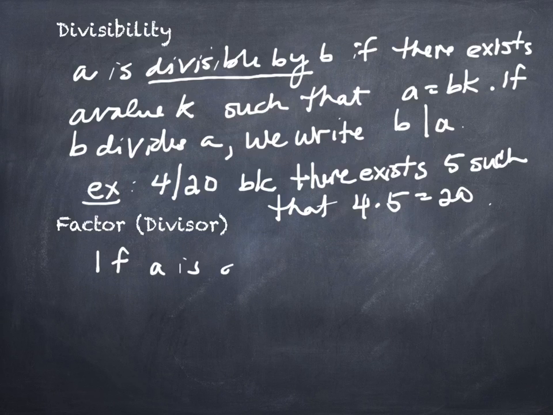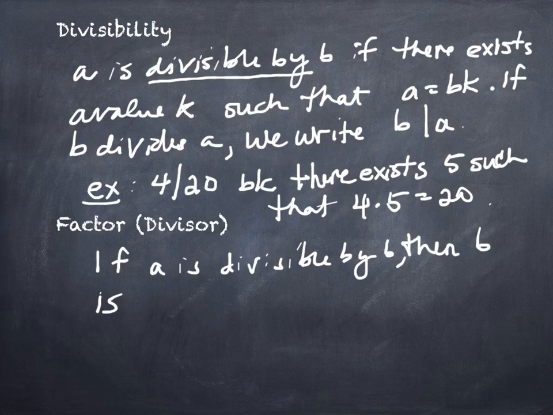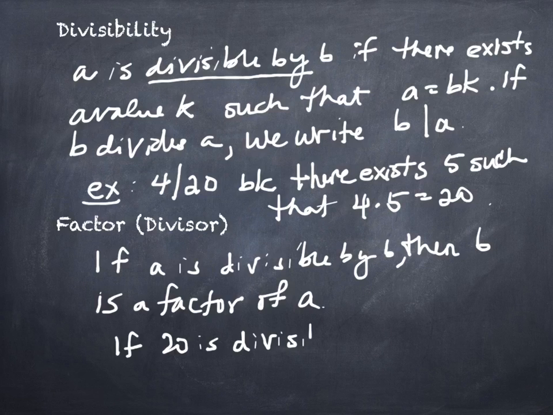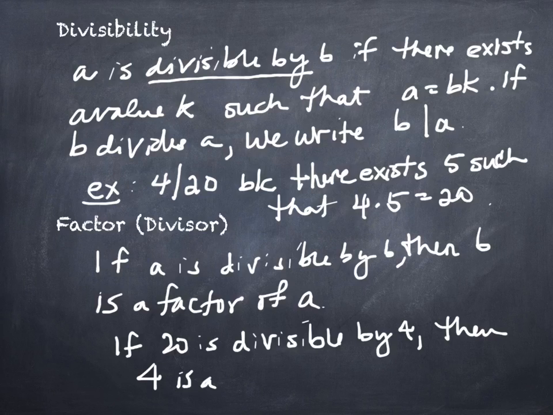If A is divisible by B, then B is a factor of A. So looking above, if 20 is divisible by 4, then 4 is a factor of 20, or a divisor of 20.